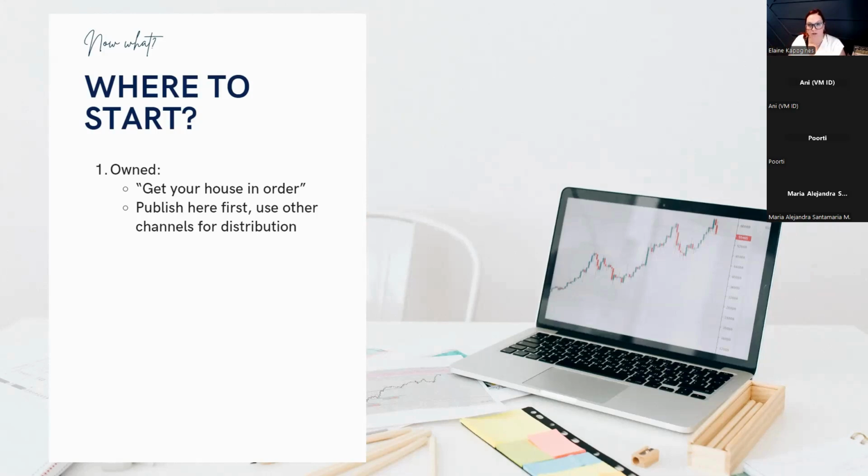Think about where you are with your website and really hone in on a content strategy. If you don't have a blog, maybe this is the time to start thinking about how you can implement a blog into your website. And you're going to use this as your hub. I always say the website is the hub and everything else gets distributed out from the website. So this brings us back to SEO.